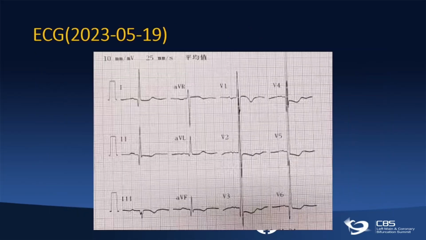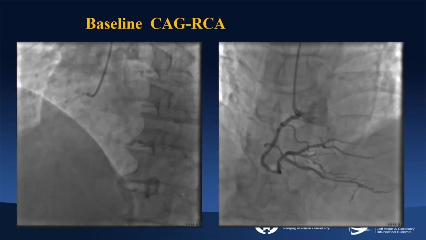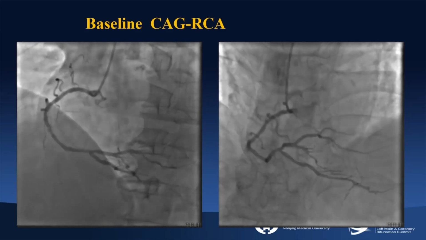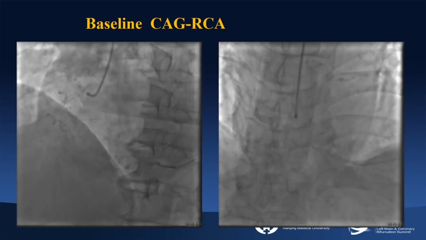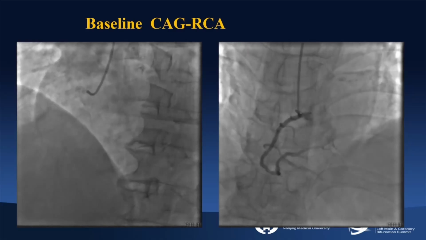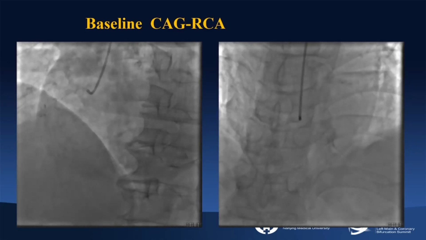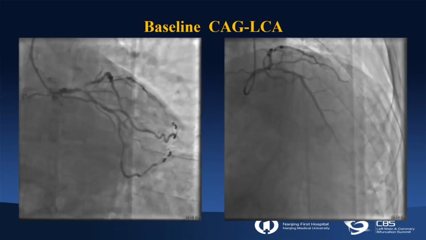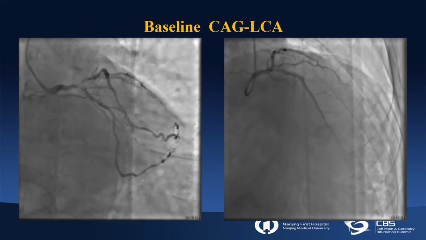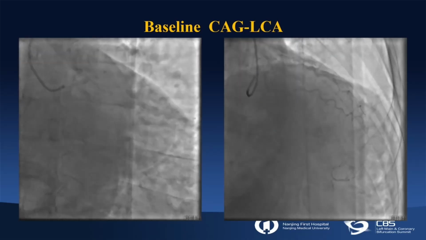Next. This is the ECG. Next. From baseline CAG of RCA, we can see the stent implanted last year in proximal RCA is okay. Next. This is baseline CAG of our left coronary artery.